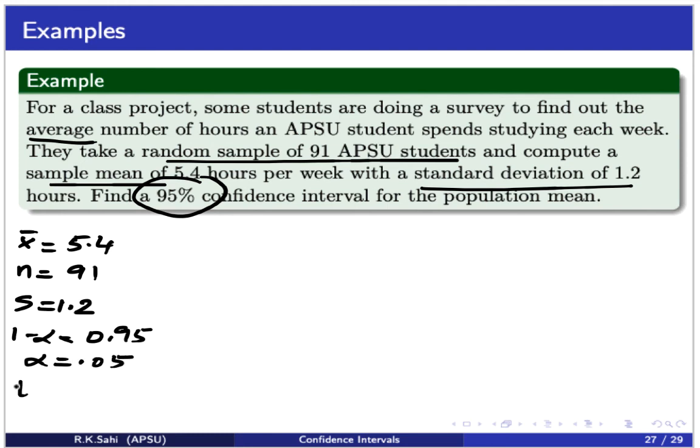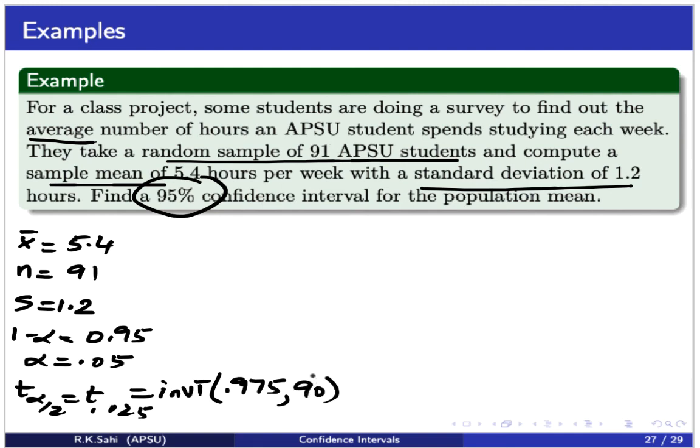That means, because this is a sample, T alpha by 2 is T.025. Now here, that means inv T, you know how to get the value, 0.975. You can look at the previous slide. The degrees of freedom will change. It depends upon this n, which is 90 now. Previously, it was a different number.